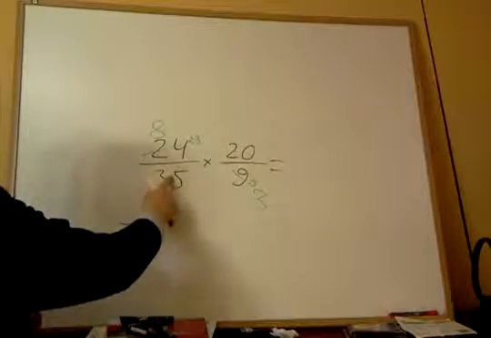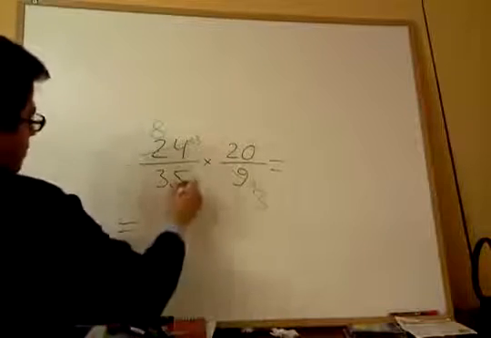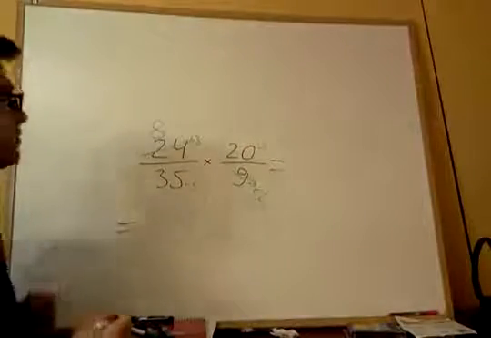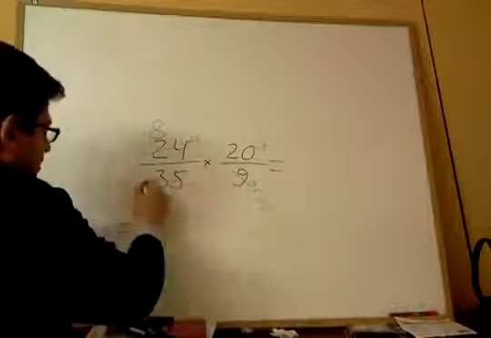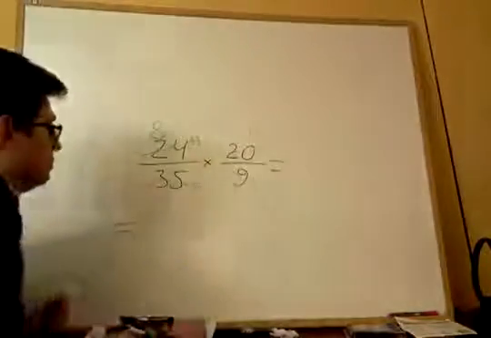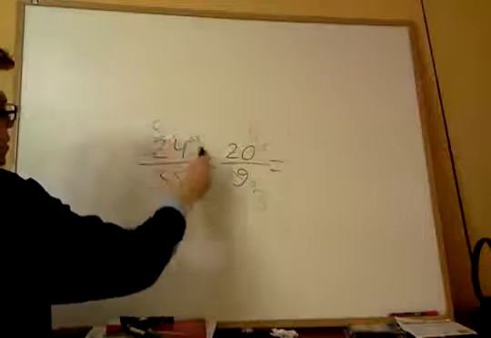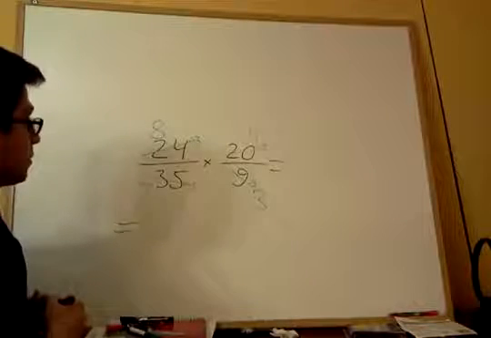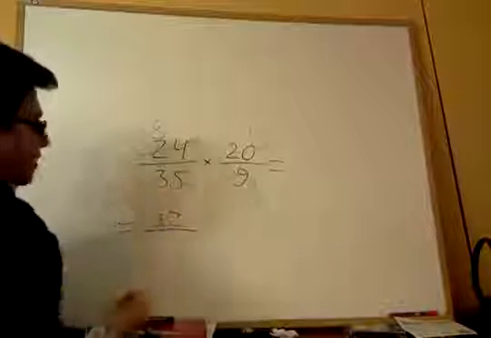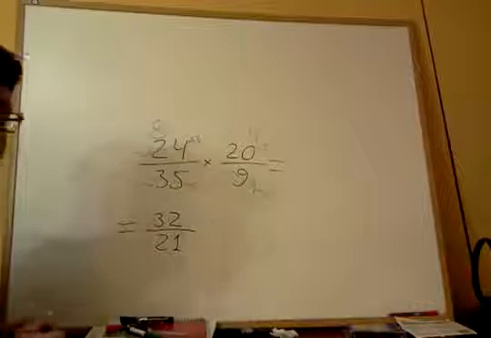Next, 35 and 20 are divisible by 5. 35 divided by 5 is 7. 20 divided by 5 is 4. Now look how much easier my life is now. 8 times 4 equals 32. 7 times 3 equals what? 21. Mission accomplished.